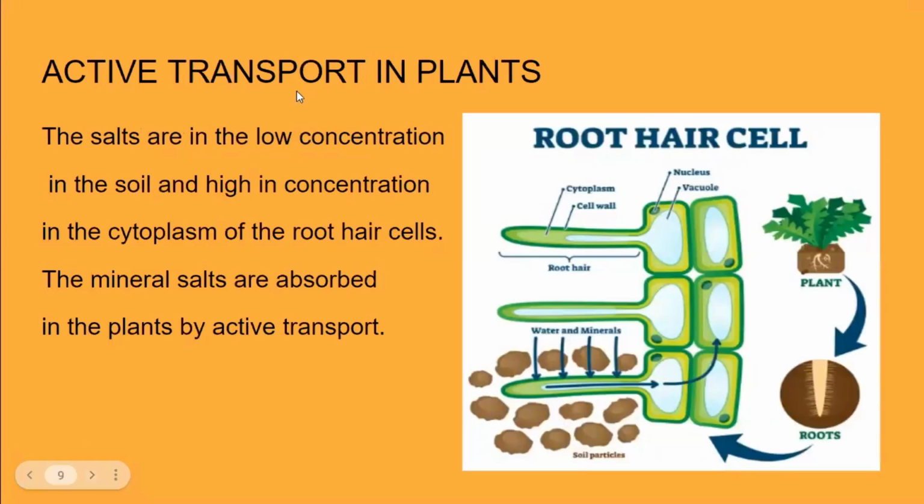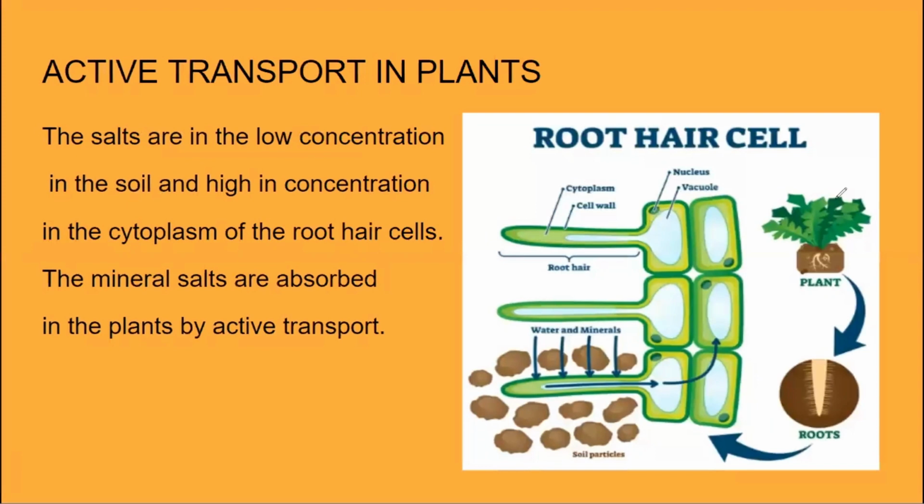Even in plants, active transport takes place. How? You can see this is the plant and here are the roots of the plant. If you enlarge the picture, the main root has tiny fine hairs called root hairs. Inside the root hairs you can see the cytoplasm, and outside is the soil.